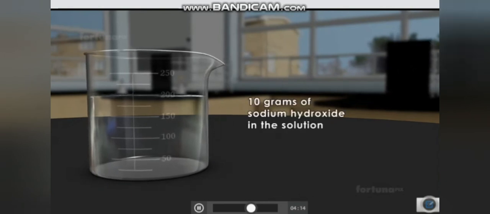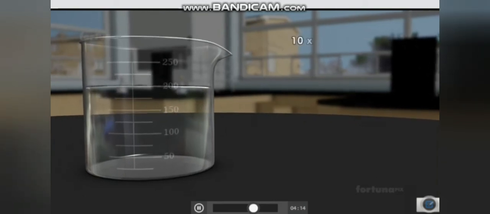We already know that there are 10 grams of sodium hydroxide in the solution. The number of moles of sodium hydroxide in our solution can be derived using the equation 10 multiplied by 1 mole of sodium hydroxide divided by 40, which gives us 0.25 moles of sodium hydroxide.